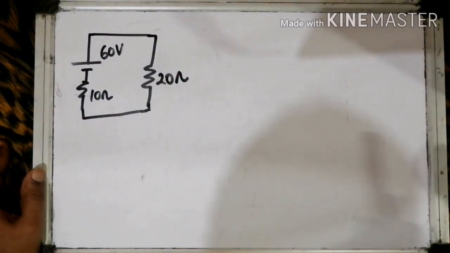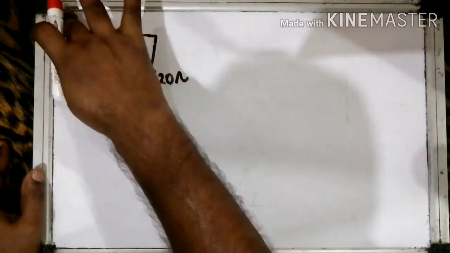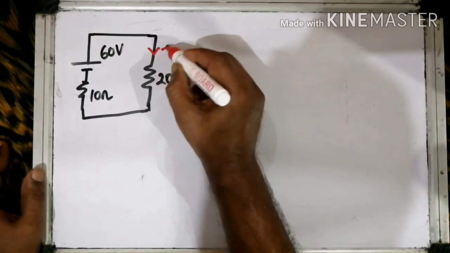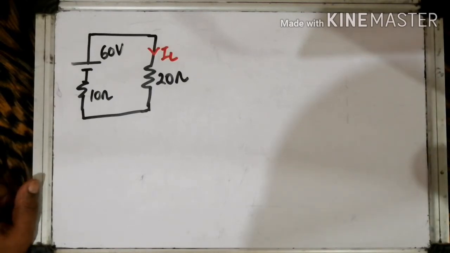Now calculate the current in this load resistor. This one is the circuit in which there is a real voltage source of value 60 volt with internal resistance 10 ohm. Calculate the value of current through the 20 ohm resistor by converting this real voltage source into the equivalent current source.